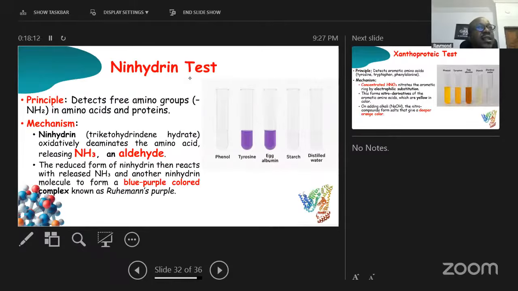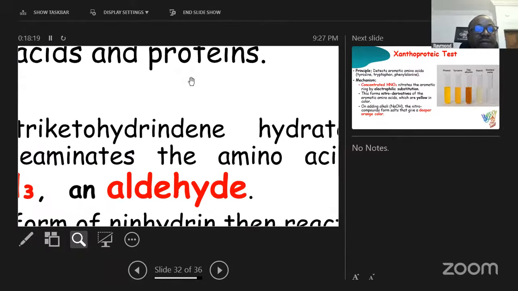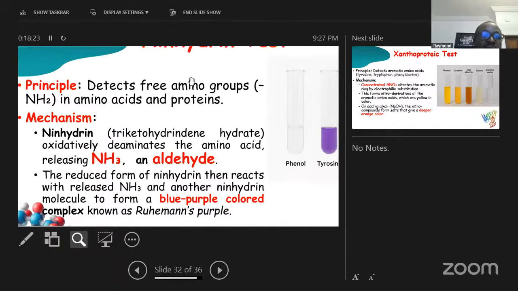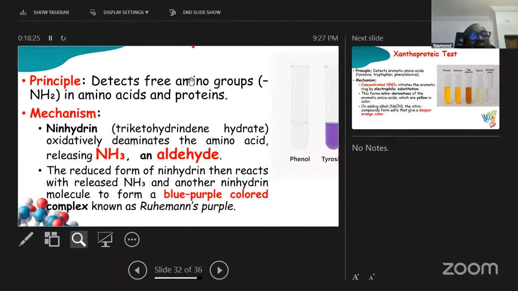Ninhydrin test. The Ninhydrin test detects free amino groups in amino acids and proteins. Free amino groups in amino acids and what?